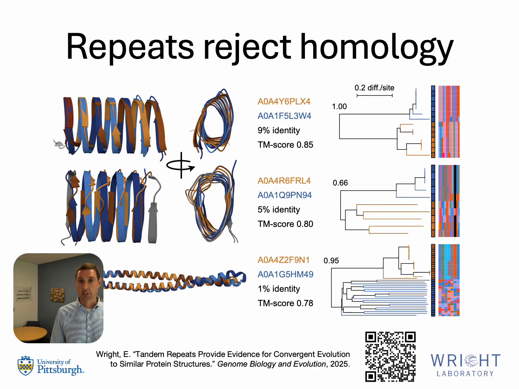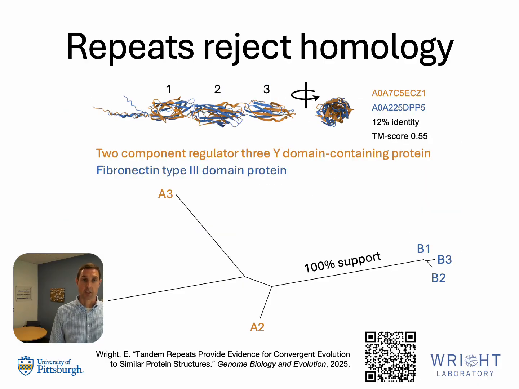And so you can see this pattern over and over again across many different structural repeats, that there's strong branch support for them having occurred in different ancestors and then therefore being the product of convergent evolution rather than the product of homology. And we can further apply that to even more complex structures.